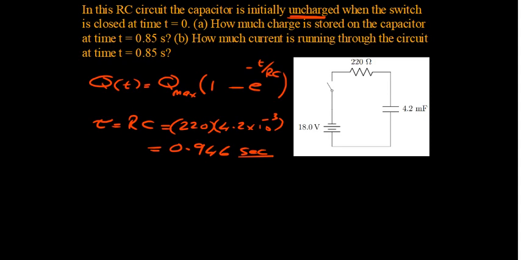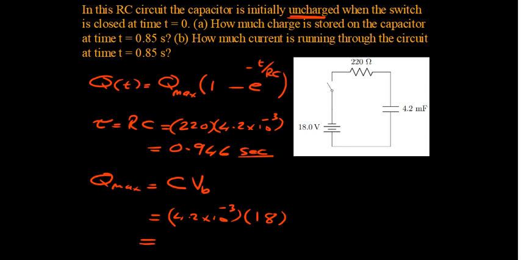Okay, now let's find the Q max. How much is the maximum charge that can be stored? Well, it is the capacitance times the maximum voltage we can have, which is the battery voltage. So I can write this from here. It is 4.210 to the power minus 3, and the voltage is 18.